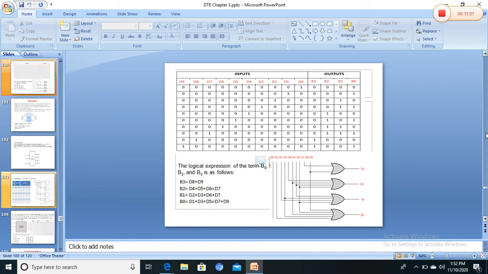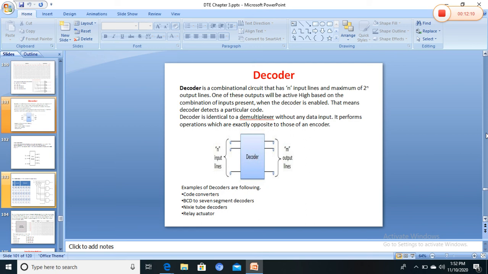Four OR gates are required, with inputs D0 to D9 and outputs B0, B1, B2, B3. This is the decimal to BCD encoder. These are the types of encoders we studied. In the next lecture we will study the decoder.